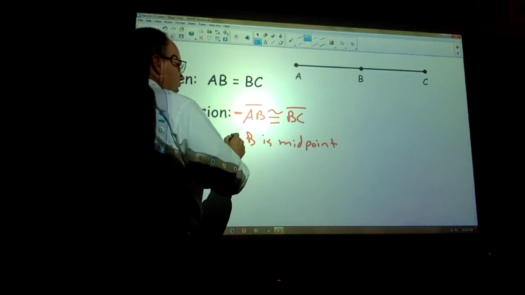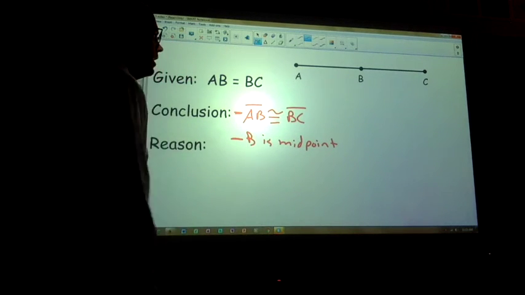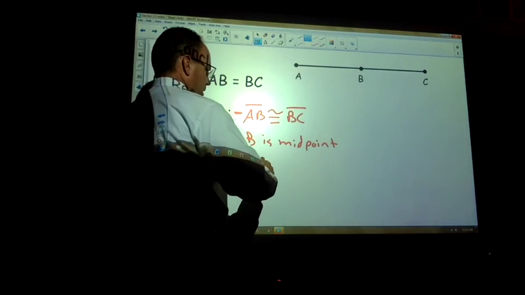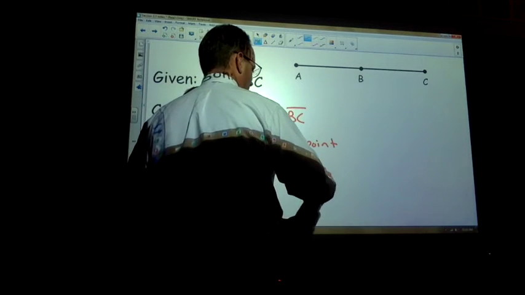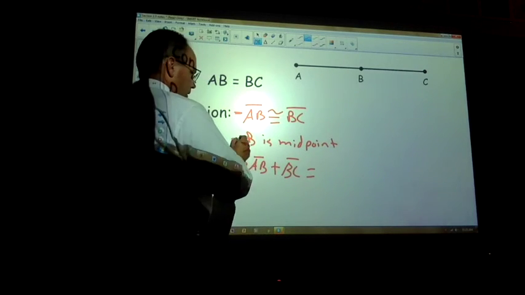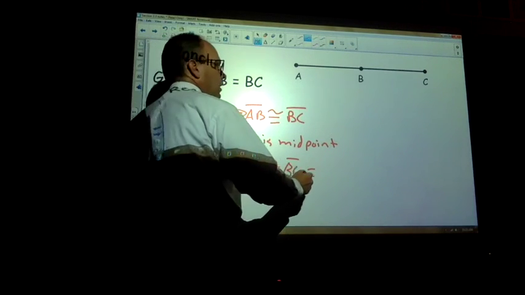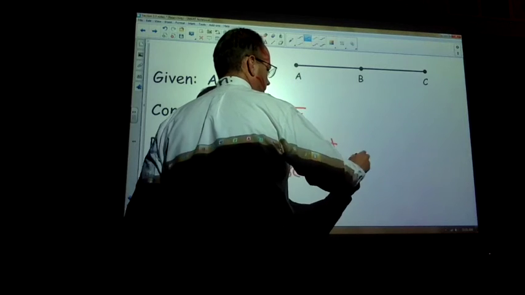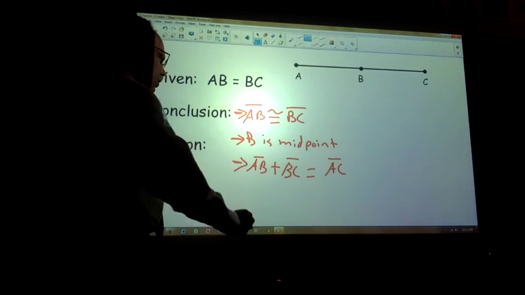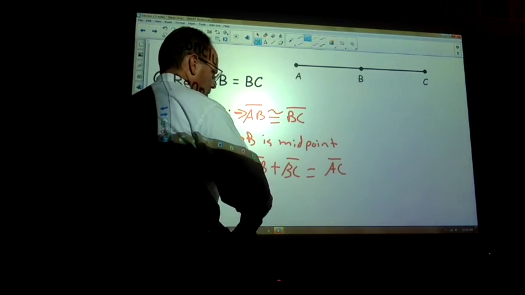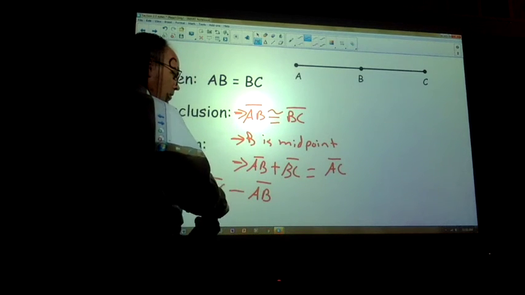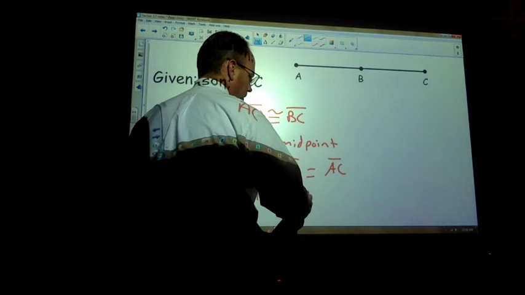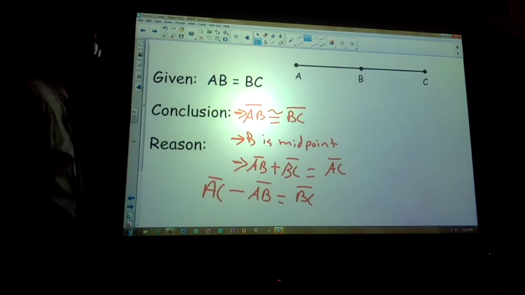Cool. So there's two different things we can say. What else can we say? We might be able to say that segment AB plus segment BC is equal to segment AC. You could also say that if I have AC minus AB, that's equal to segment BC. There's all kinds of things that we could say.